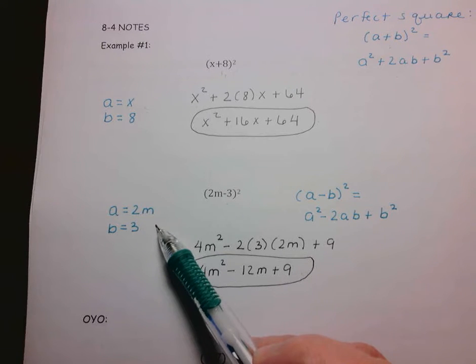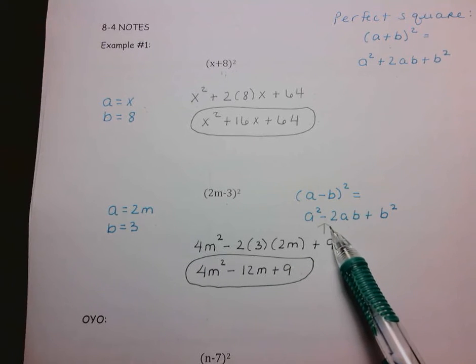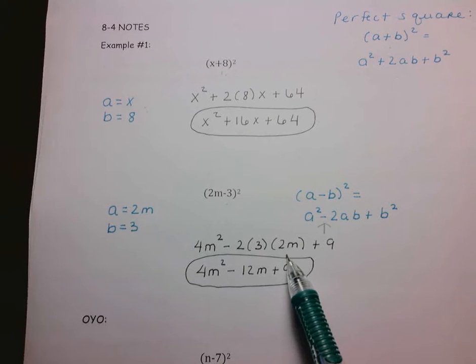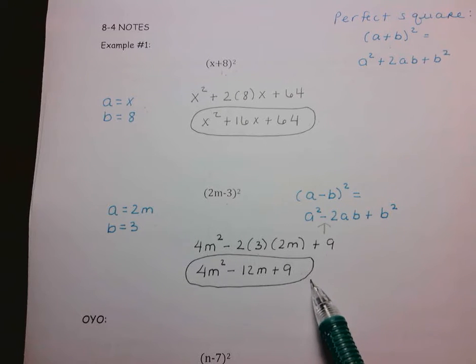Your b here is just 3 because the negative is already worked into the answer. So how did I get the answer? a squared minus 2ab plus b squared. So again, pause the video and make sure that you understand how I got this answer.